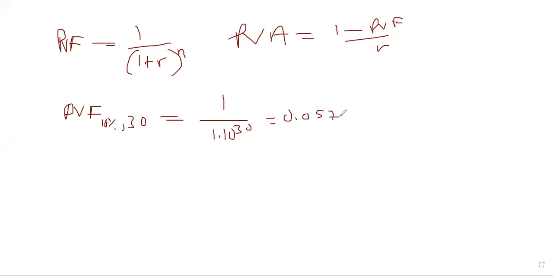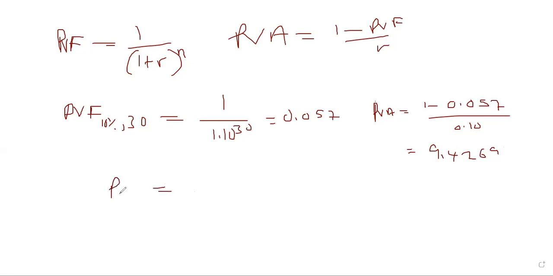Then we subtract from 1 for the annuity factor: 1 minus 0.057 divided by the interest rate of 10%. We're going to get 9.4269.